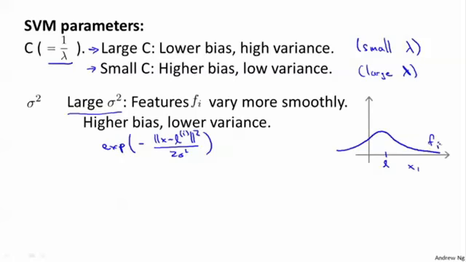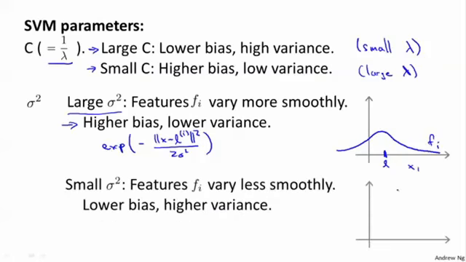So this would be my feature fi, a smoother function that varies more smoothly, and so this would give me a hypothesis with higher bias and lower variance. Because the Gaussian kernel falls off smoothly, you tend to get a hypothesis that varies slowly, or very smoothly, as you change the input x.